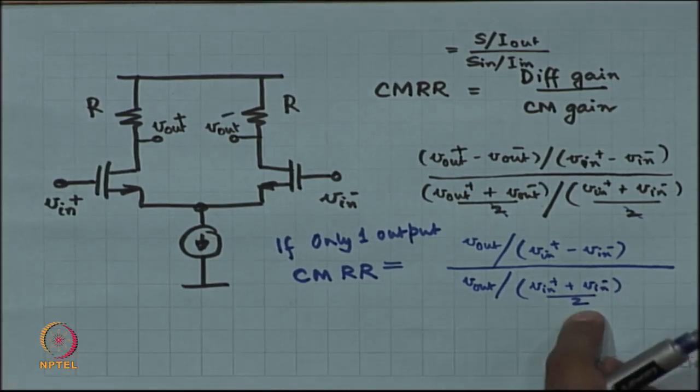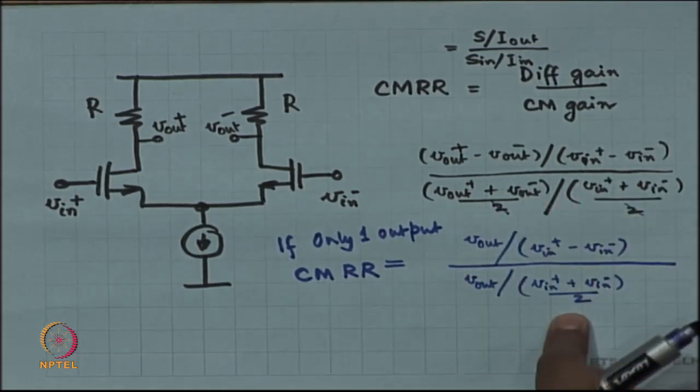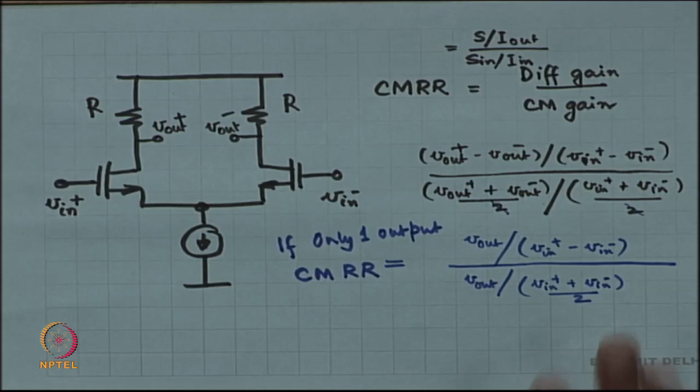Here the by 2 does not cancel out; earlier it cancelled out nicely, here it did not have the chance to cancel out. So, beware. All right, so this is going to be the CMRR.